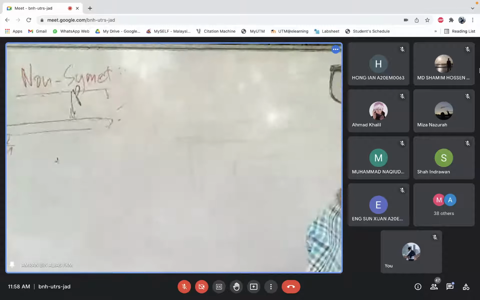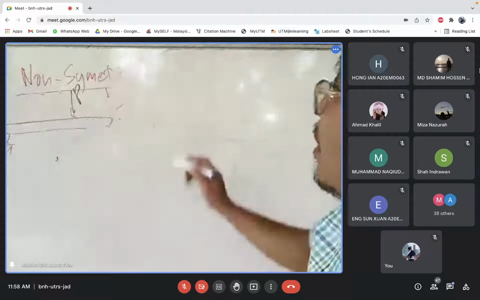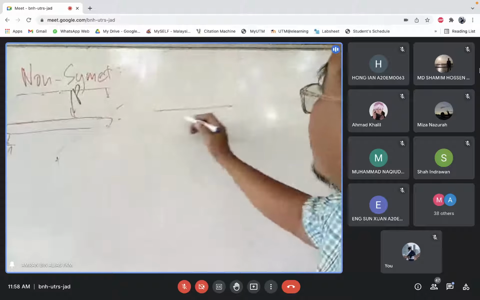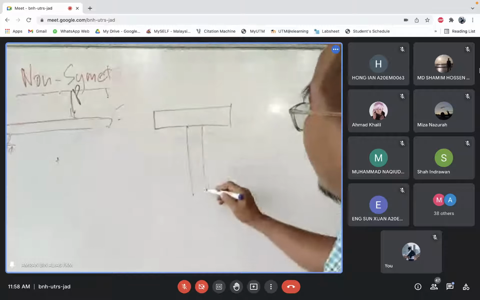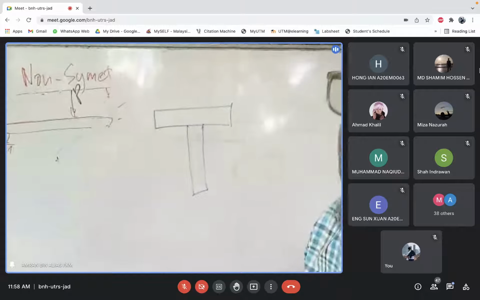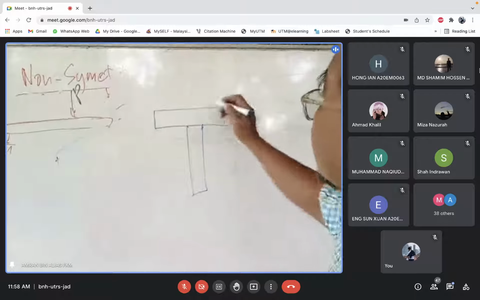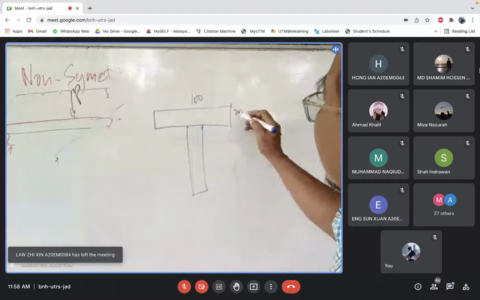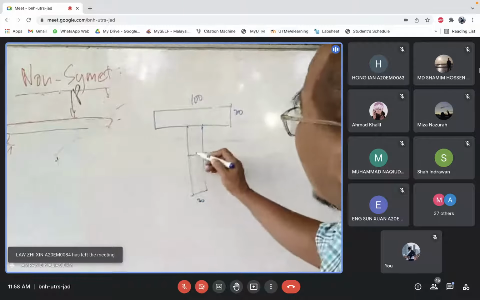Why not? Let's say 50% of the surface area is plastic. How do you draw that? Let's say this is 100, this is 20, this is 20, this is 100. So 50%, let's say you put half there.